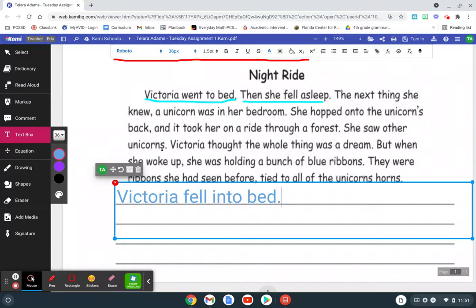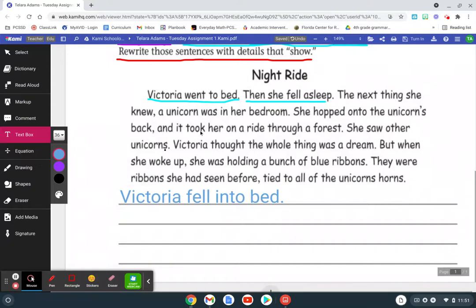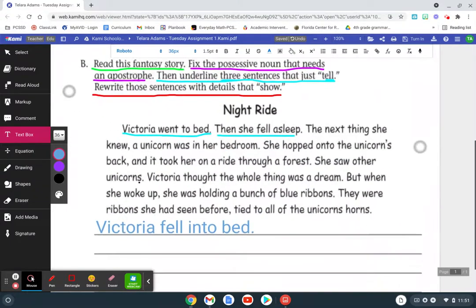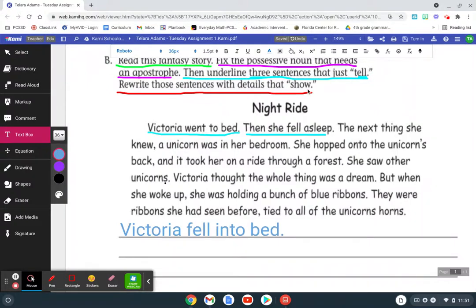Again, we just want to make it a little more interesting, elaborate, so our reader really feels the story, that they can see it, not that they're just being told about it. That was our first sentence. We rewrote the sentence to show, with details that show.